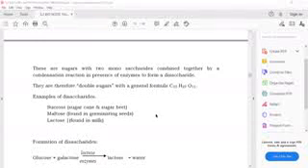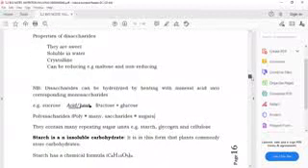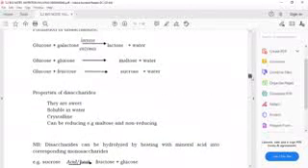For example, sucrose is cane sugar. It is obtained when I combine glucose and fructose.